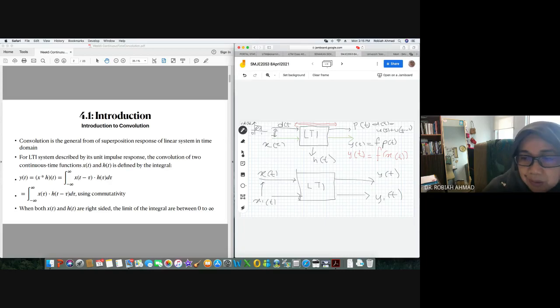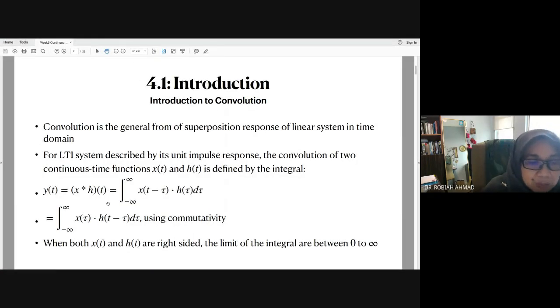Now, after knowing x(t) and h(t), we want to use that information to determine the output of the system, but this time using what we call convolution. And the formulation is as below. When we define the convolution, we can use the integral equation. So there is an integral, and one of the functions has to undergo reversal and shift.